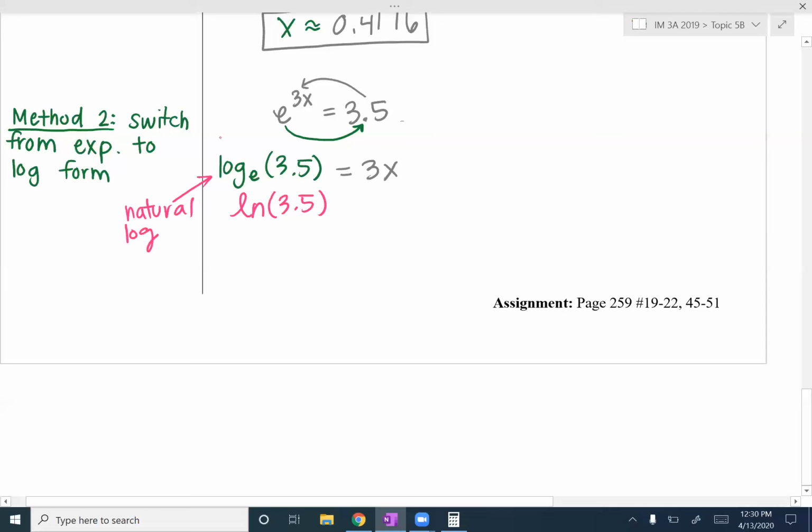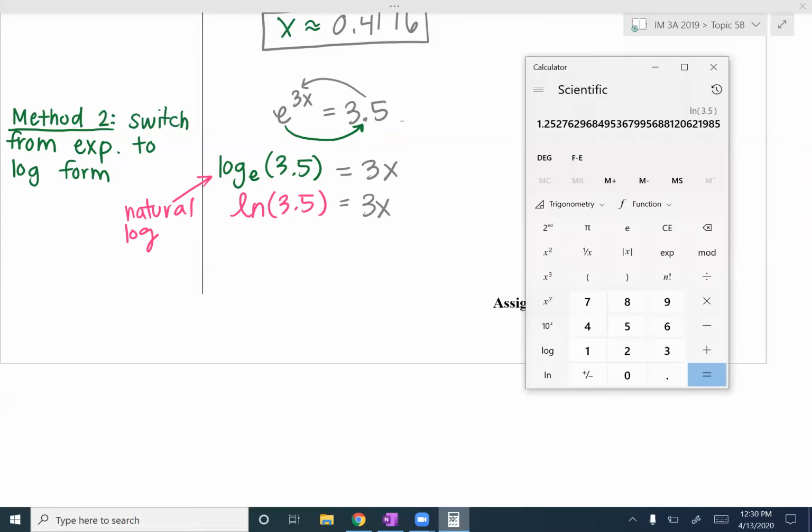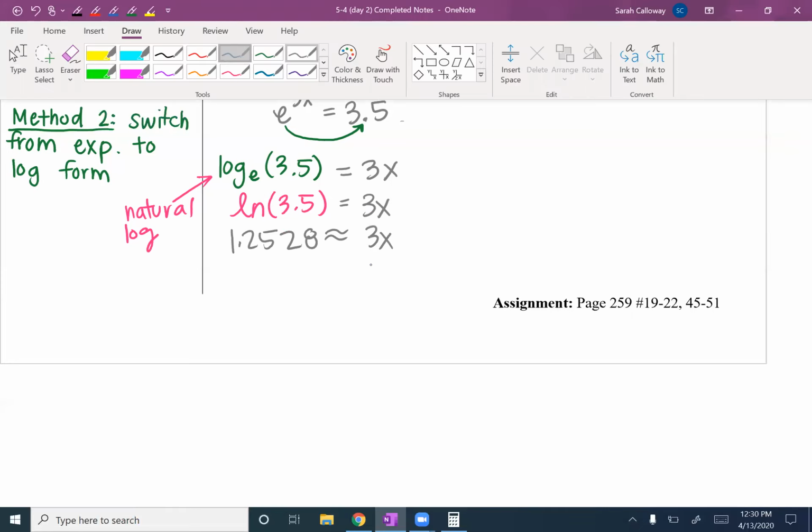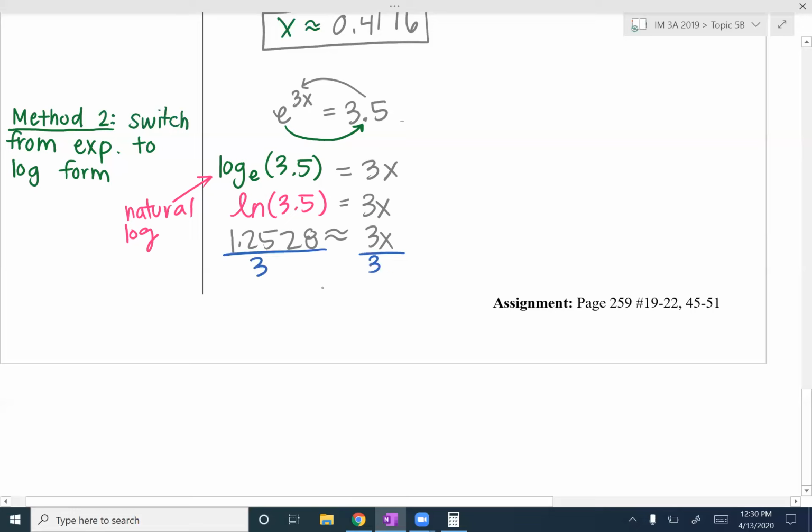So ln of 3.5 is equal to 3x. Again, we calculated that ln of 3.5 is 1.25228. And that's an approximation of 3x. So then dividing both sides by 3 gave us an approximation for x as 0.4176.